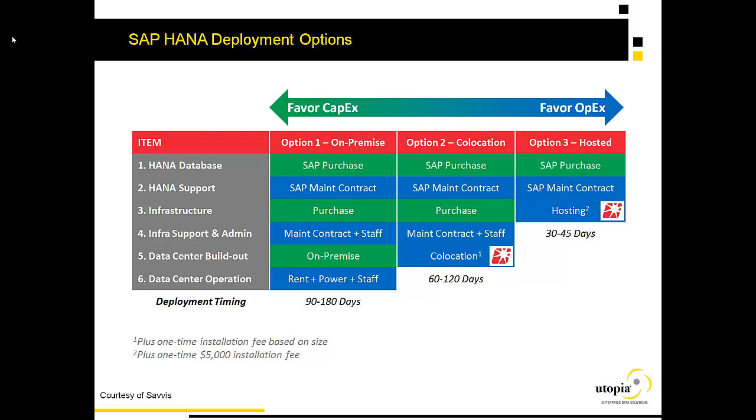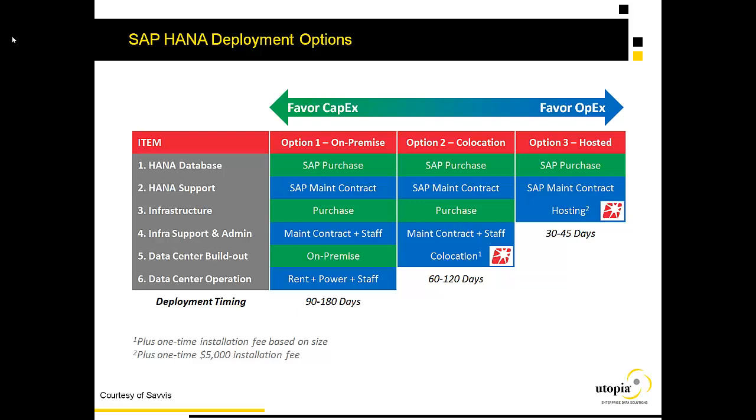And so you can see with the hosted column, it's about 30 to 45 days to implement a hosted offering. Whereas with the co-location, it can be anywhere from 60 to 120 days. Whereas with option 1 on-premise, it can be considerably longer, 90 to 180 days.